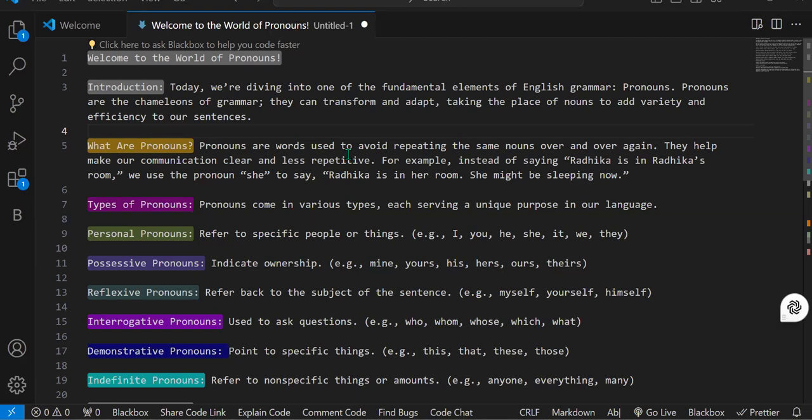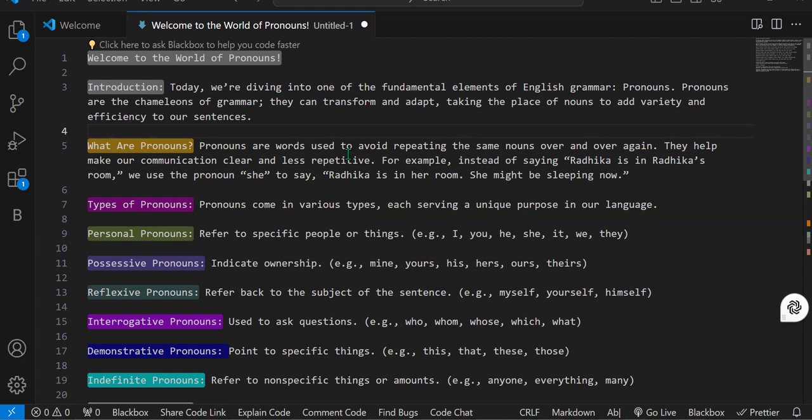Pronouns are words used to avoid repeating. For example, if you use nouns repeatedly, to avoid this repetition, we use pronouns. They help make our communication clear and less repetitive.